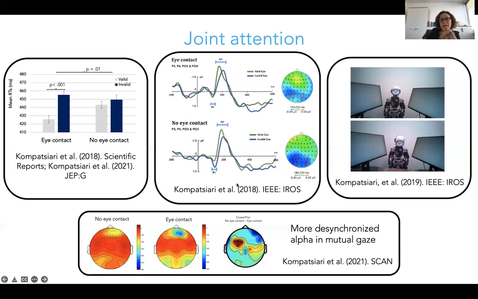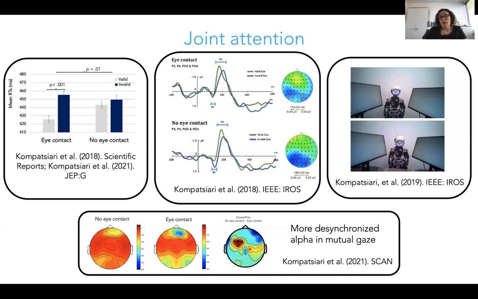And finally, the last plot that you see here is the EEG that we locked not to the target, but this time to the gaze of the robot. And what you see here is that there's more desynchronized alpha activity in mutual gaze, so the eye contact condition. And more desynchronized alpha means more engagement.